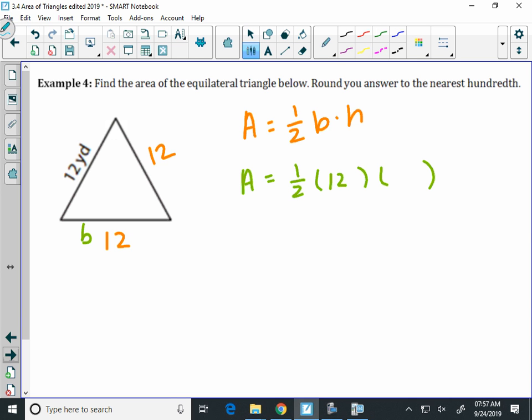Here's my height. I go to the side across from my base. I go to that angle and drop straight down. Here's my height. The height is always perpendicular to the base because it's an altitude. Altitudes are always perpendicular. Okay? What's the problem? What is our problem?